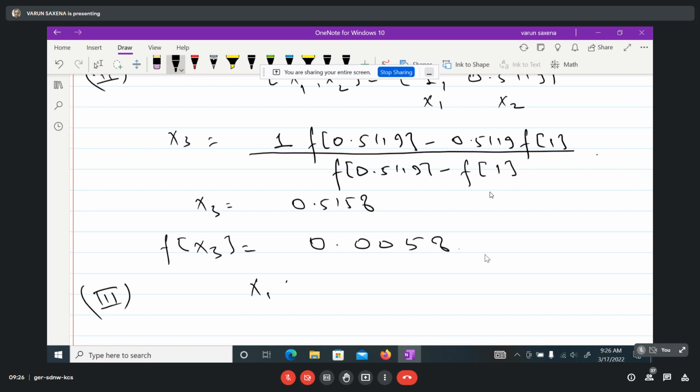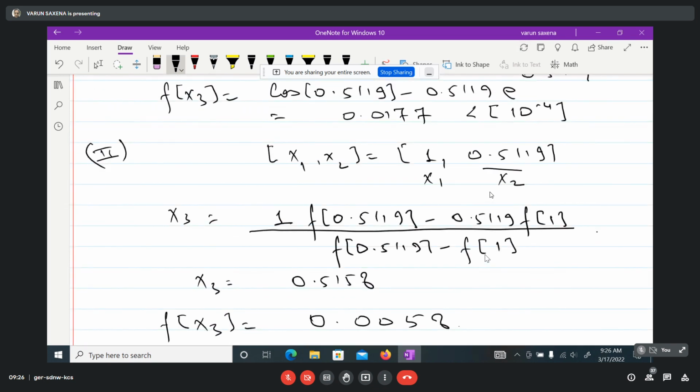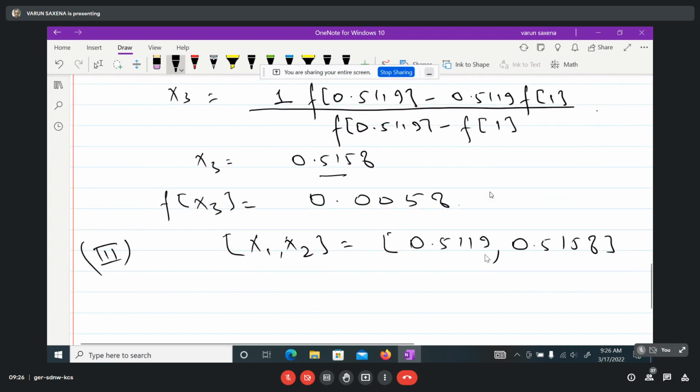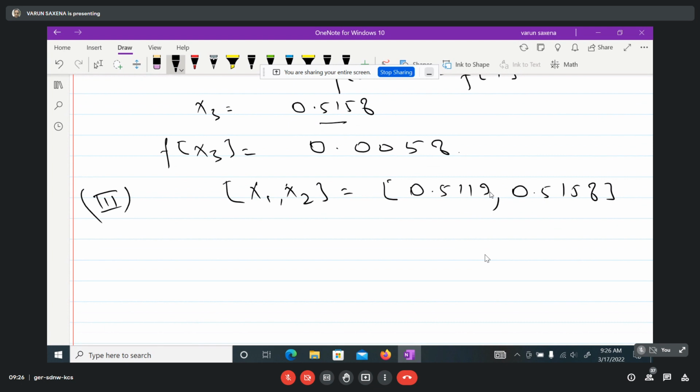Now our x1 and x2 become 0.5119 and 0.5158, right? So basically what is happening is you pick up this value and you pick up this value. So this gives you the interval. So now you find x3. x3 is again the same formula to apply.